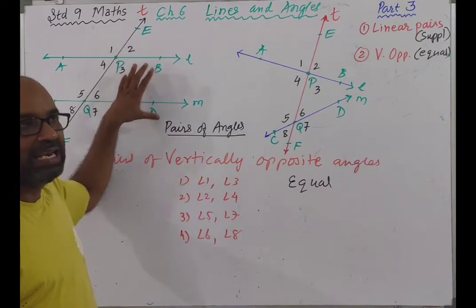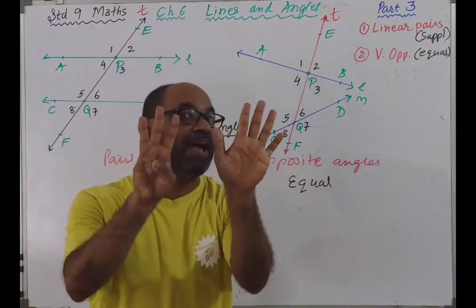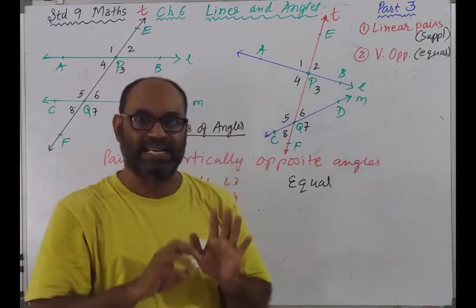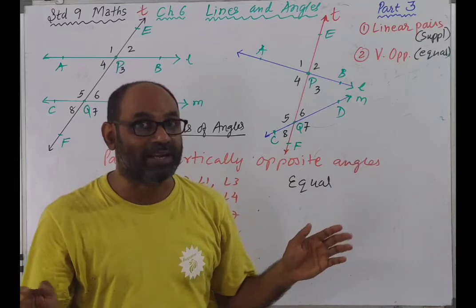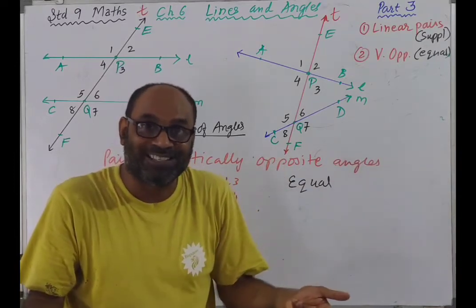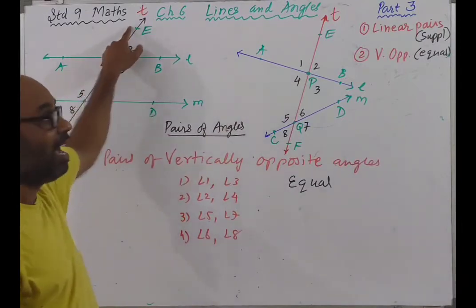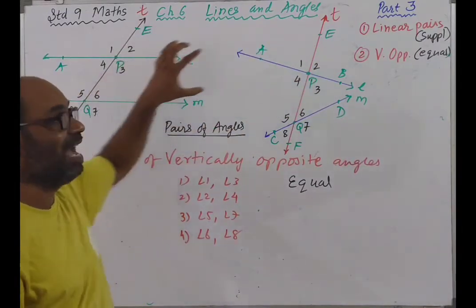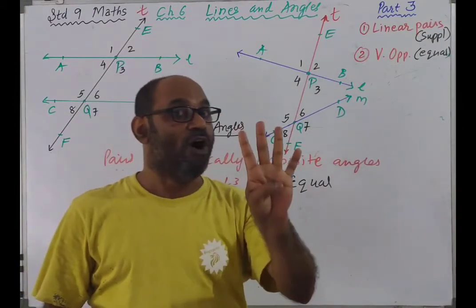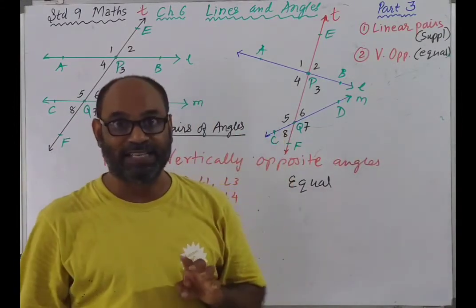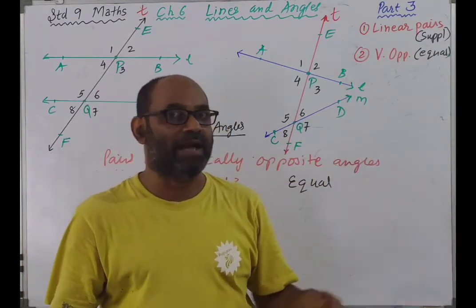A transversal of parallel or intersecting lines gives 8 linear pairs of angles, and they are always supplementary. That means their total measure is 180. Next pair: a transversal of parallel lines or intersecting lines gives you 4 pairs of vertically opposite angles, and vertically opposite angles are always equal in measure.